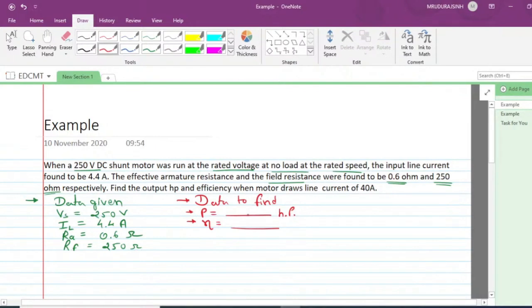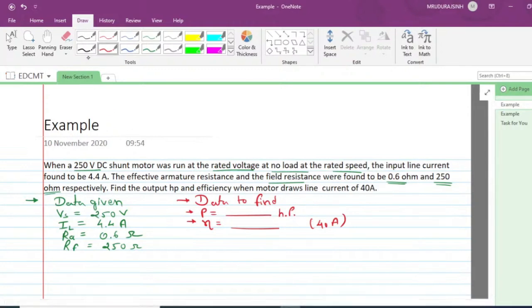So we need to calculate these two things, power and efficiency, and efficiency is when line current is 40 ampere.